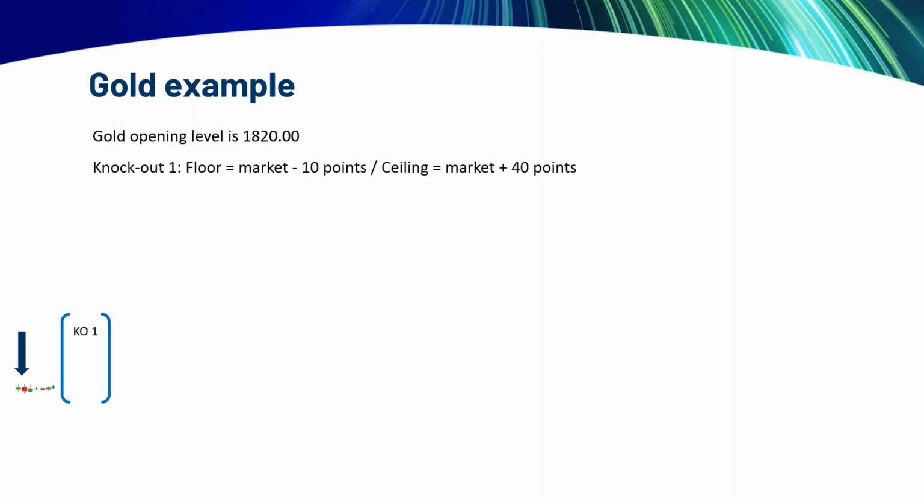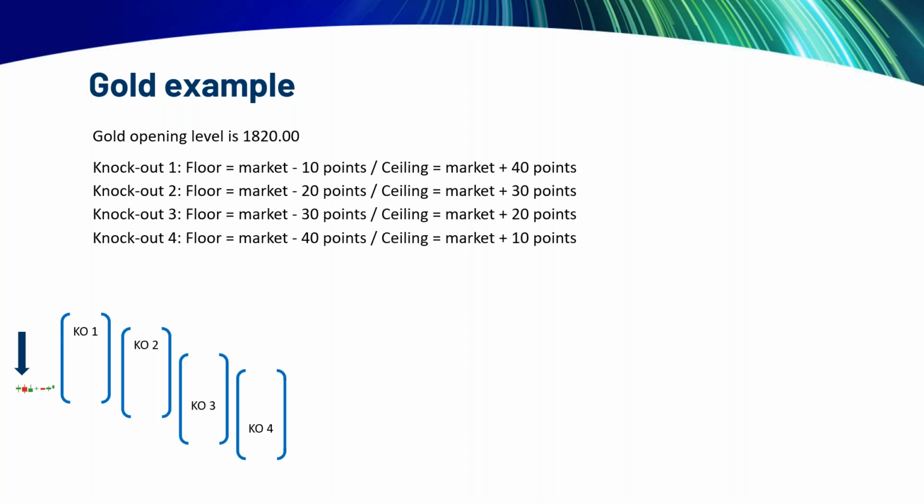So let's walk through an example. Here's an example of gold, and it just makes it a little visual to see how they work. So here we got an example, gold at $18.20 an ounce. It doesn't matter, the price doesn't matter, and we could see where it started. And at the beginning of the week, we will list 4 contracts. Notice how we do this. For each market, the spread of the contract varies, and we might change that from time to time based on volatility.